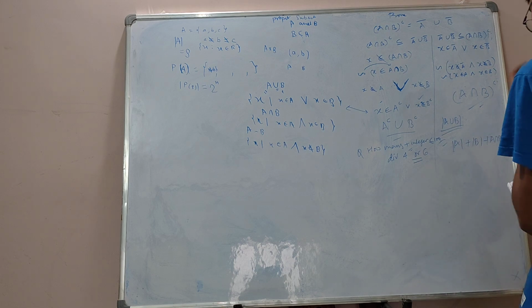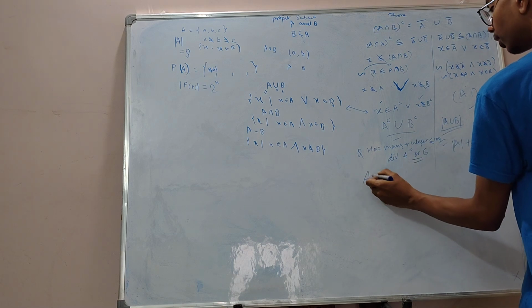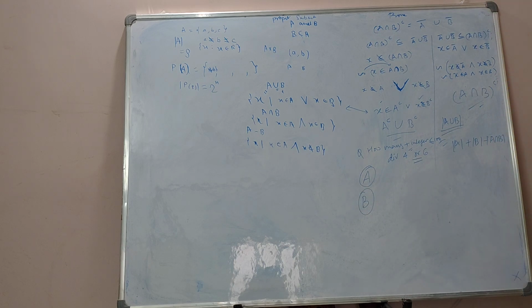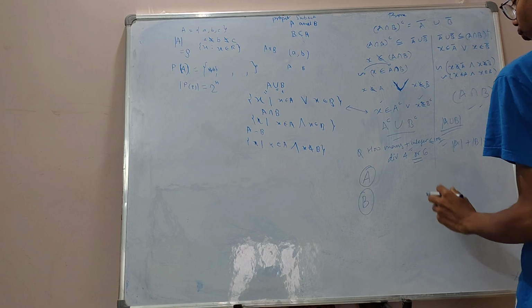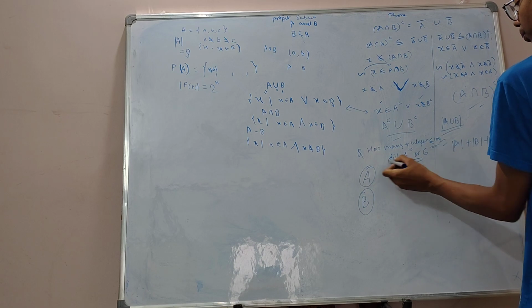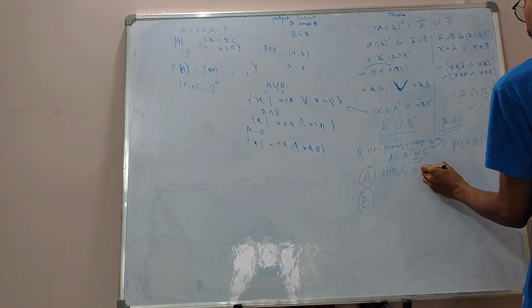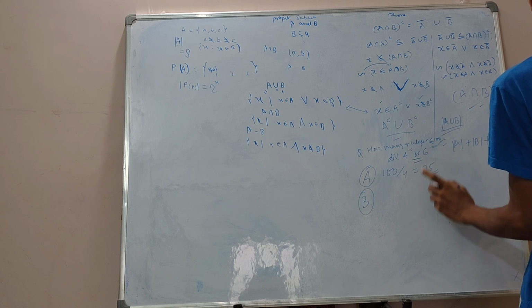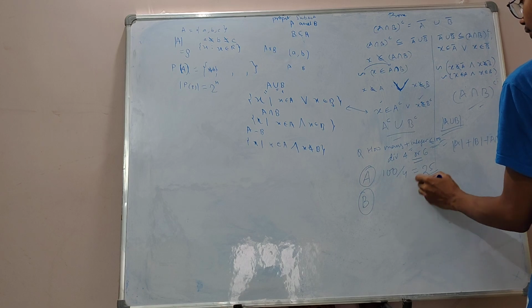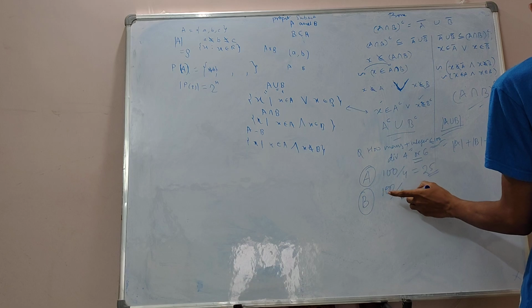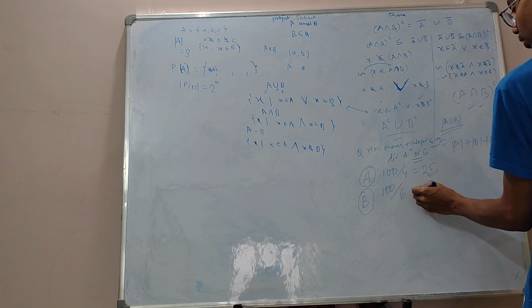So what I will do, suppose I have elements A and I have elements B, right? Now the number of integers divisible by 4 up to 100 will be simply 100 by 4 equal to 25, and the number of integers divisible by 6 will be simply 100 by 6, that is 16, right?